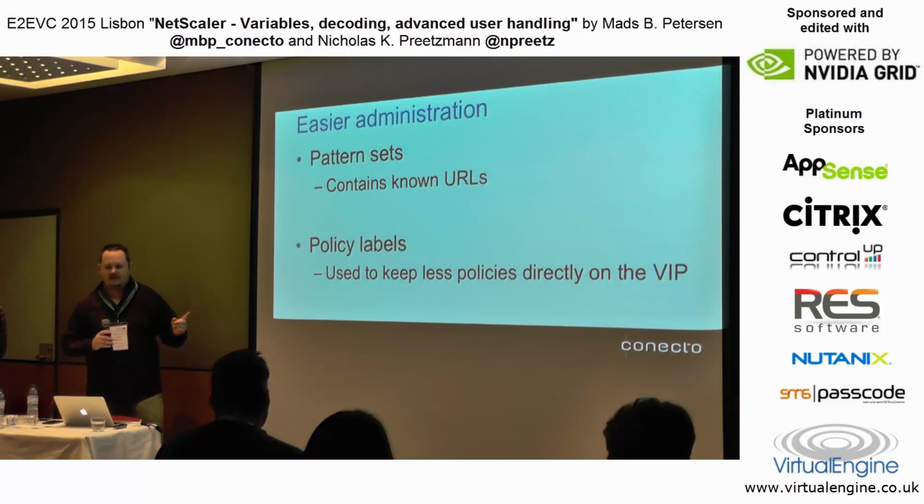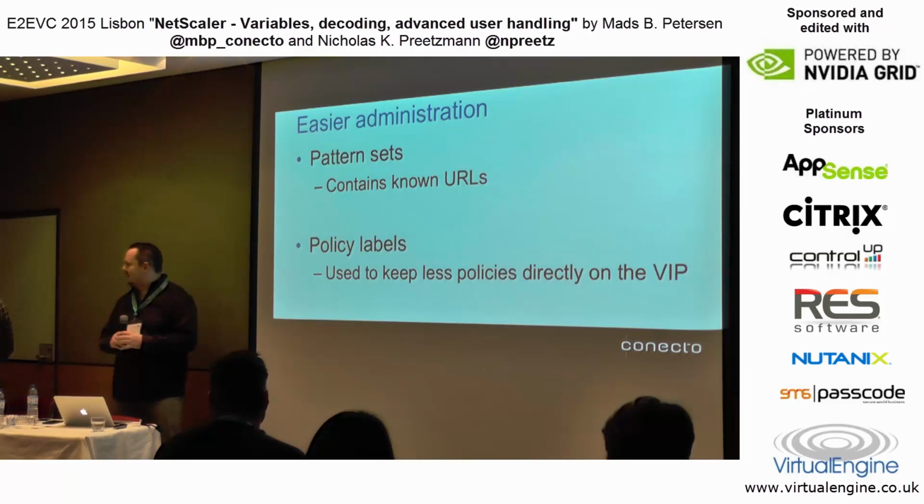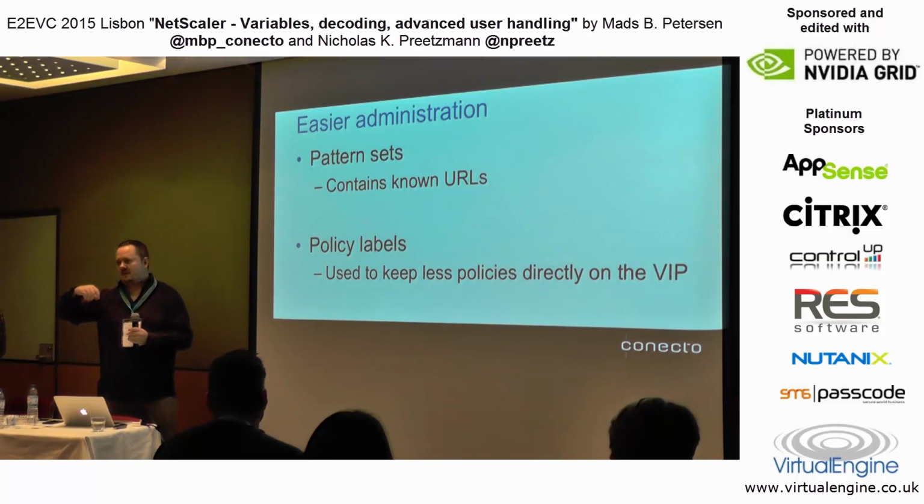Then we use policy labels. Do any of you use policy labels? No? Okay. The policy label is where you bind and invoke policy to the VIP that points to a policy label. So you have something that will invoke it.